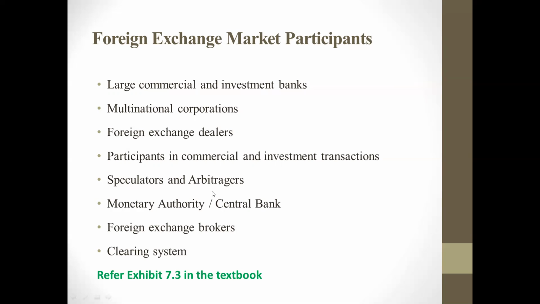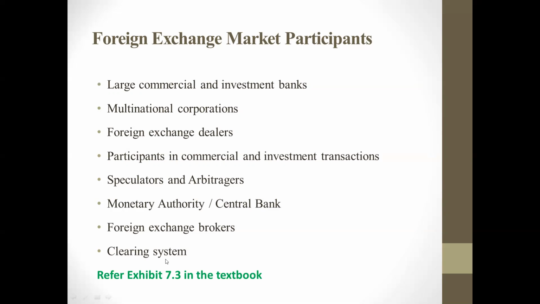And the monetary authorities, specifically the central bank. We know that we cannot enter the foreign exchange market without authorization from the central bank. So central bank authority comes through the large commercial banks, because the commercial banks' monitoring power is handled by the central bank. Then foreign exchange brokers, and the clearing system.